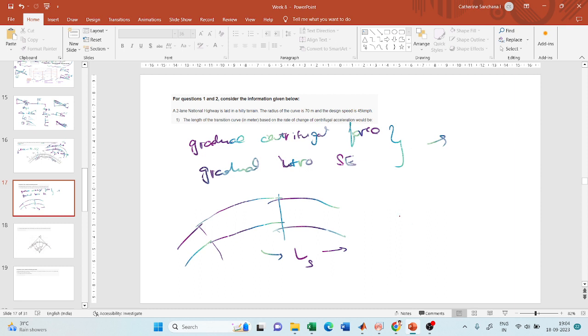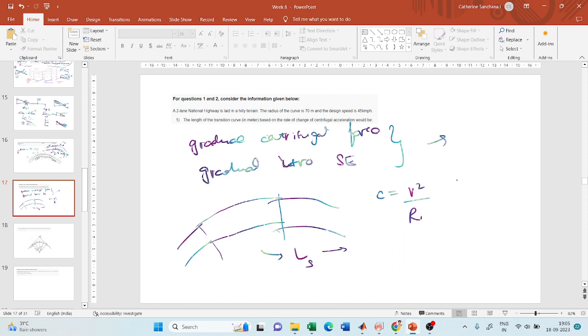So first let us see the equation for centripetal acceleration. It is v square by r, right? We already saw this equation in solving last week's problems where we derived the equation for the radius of the curve. Now what is the rate of change of centripetal acceleration?